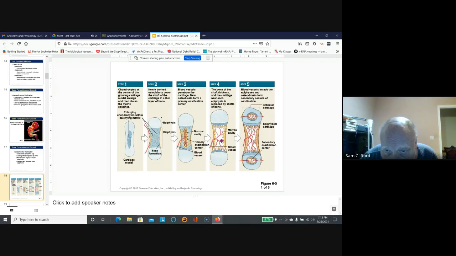The cavity is enlarged. There's extensive blood flow and formation of spongy bone. And then you'll have secondary ossification centers. So you have the cavity formed with a sufficient blood supply.